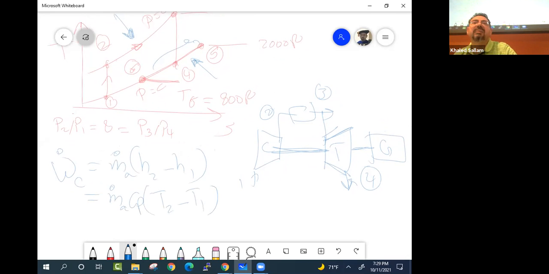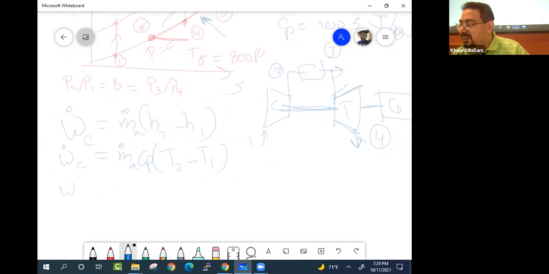So the h becomes Cp T, okay? And for simplicity, in this project, they said use Cp always constant. The Cp is 1005 joule per kilogram Kelvin. So that's pretty easy, huh?